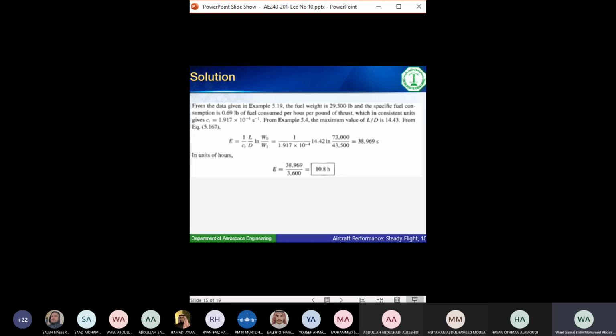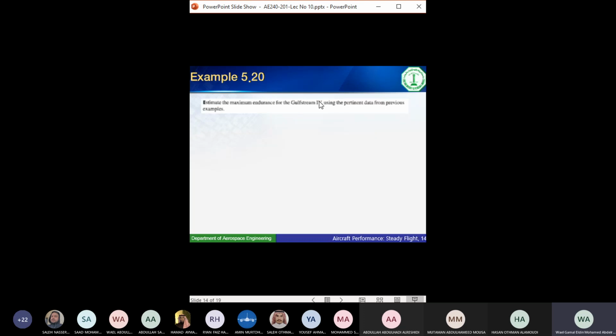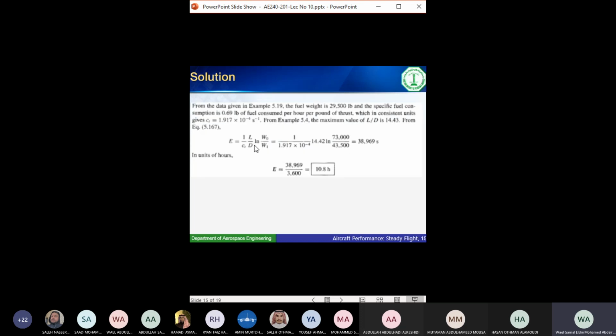For the second example that we have, on endurance, the question says calculate the maximum flying time, or maximum endurance, for this Gulfstream using the same information that we had. So it's a jet aircraft endurance. We have an equation for endurance that has the weight ratio, L over D, and the specific fuel consumption. We have the weight and the specific fuel consumption, but be careful here.